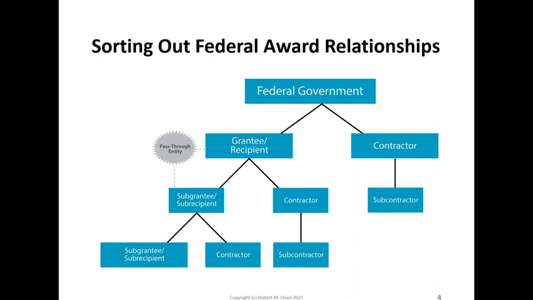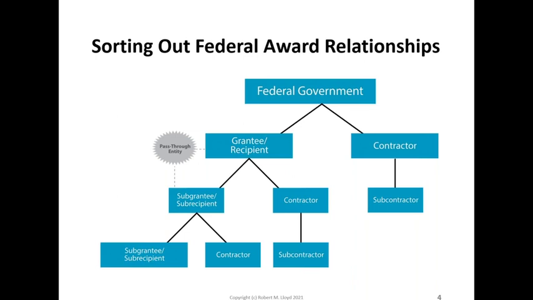Okay. Now, on the left-hand side of the chart is what we have known as federal assistance. In federal assistance, the federal government's purpose is to assist, stimulate, or support a non-federal party, notice how broad that term is, in the conduct of a public program authorized by law.